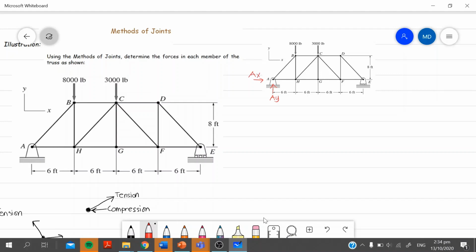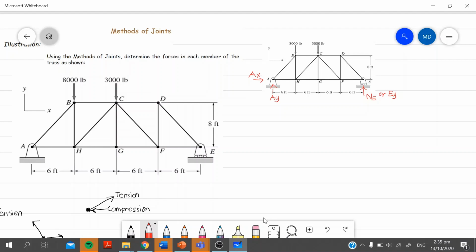And at E naman, that's a roller. So the force that is present there is only the normal at E or pwede natin sabihin EY kasi Y naman is the vertical axis of the truss.